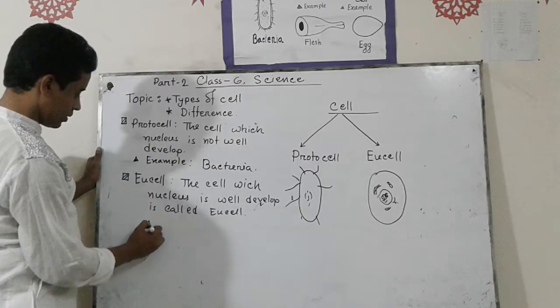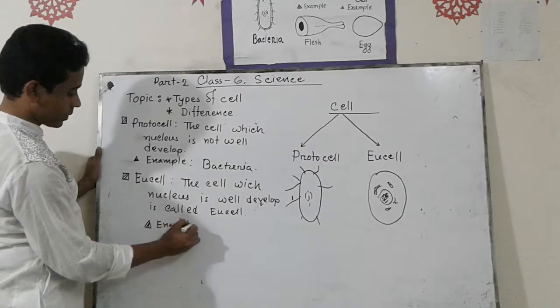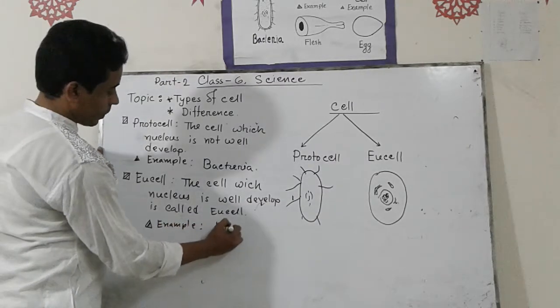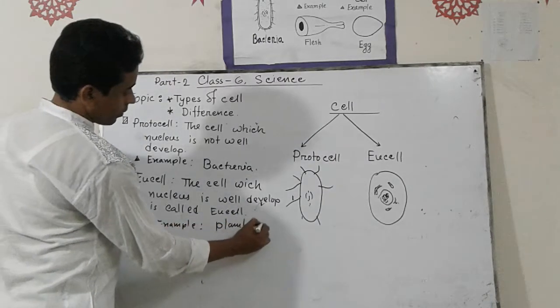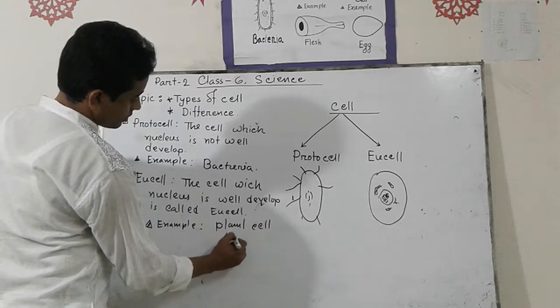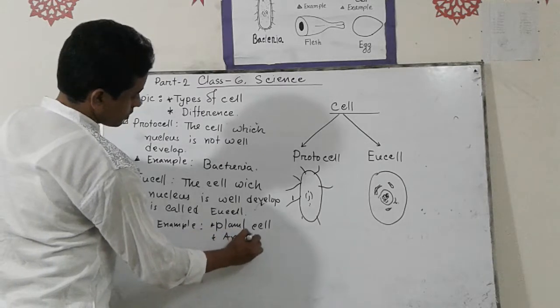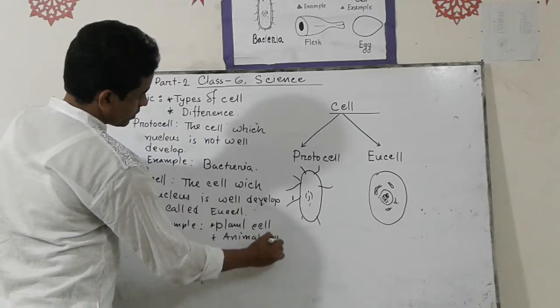Example: plant cell, animal cell. Clear?